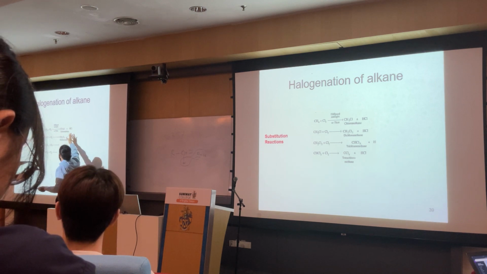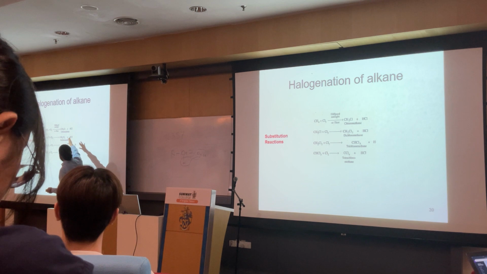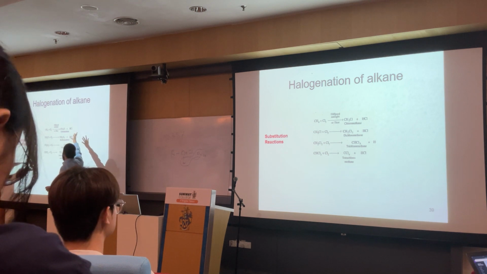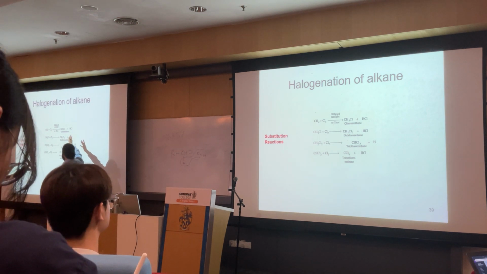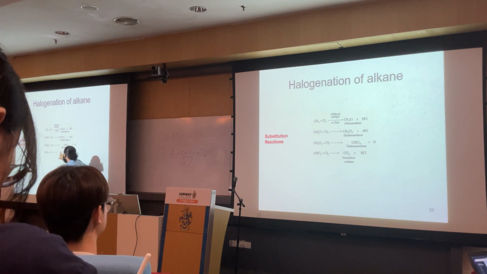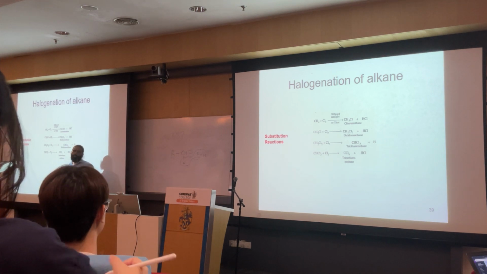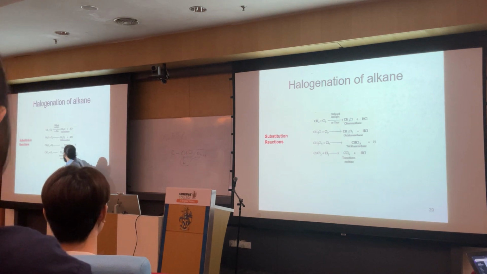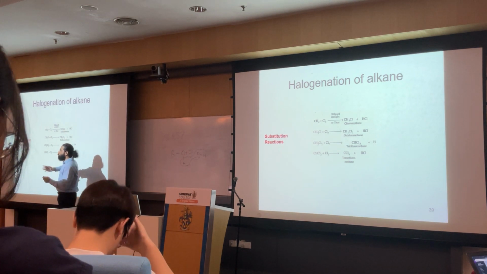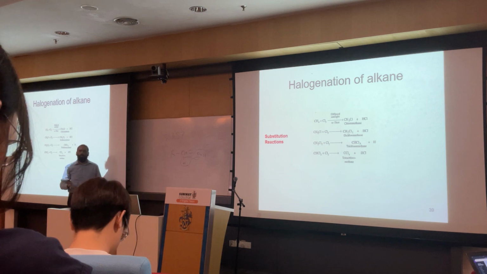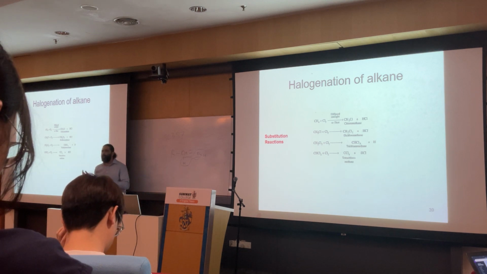That's their name. This reaction will probably not stop there. It can continue all the way until all hydrogens are substituted from your parent alkane. If you want to control this reaction to any of these stages, you have to take additional measures because these types of reactions are quite reactive.